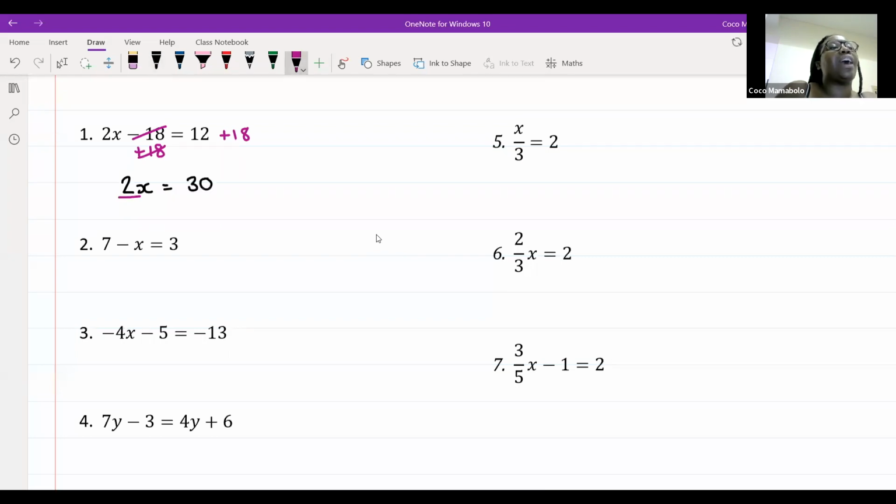Then I divide by 2 on this side and by 2 on that side. And I better not forget my magic words. Therefore, x is equal to 15. And for those of you like Tatum who are just giving me answers like x is equal to, you're wrong. You forgot the therefore.